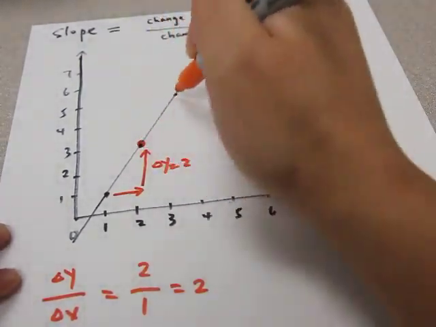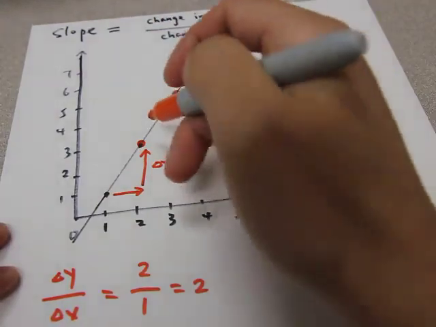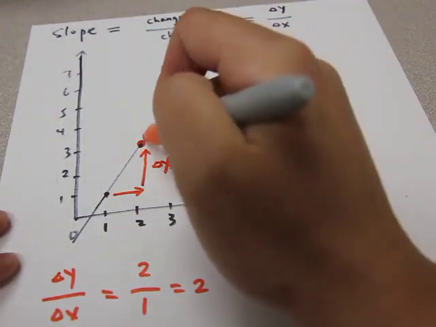Also, we can pick another 2 points. For example, I pick these 2 points, and I consider what this ratio is.